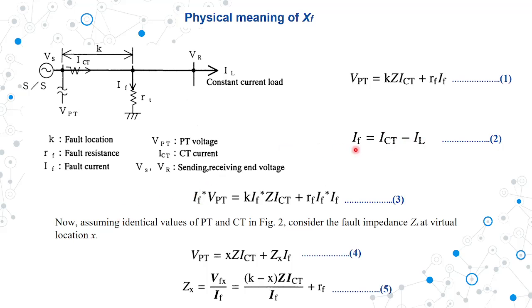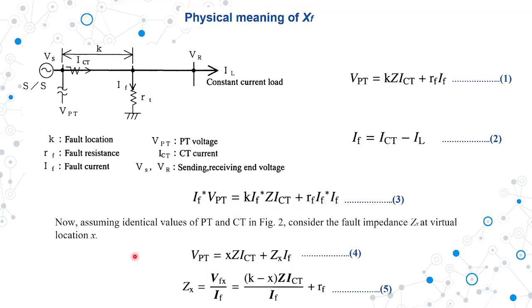Then we take IF and multiply it on both sides of the first equation. So VPT equals K times Z times ICT plus RF times IF.